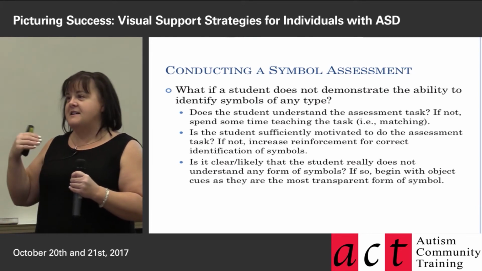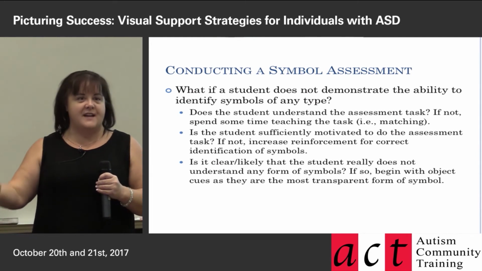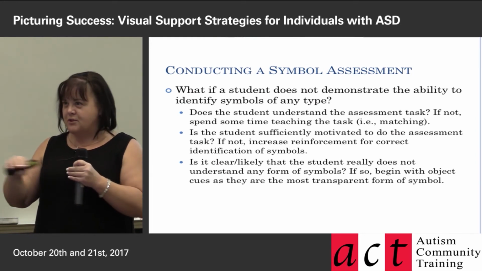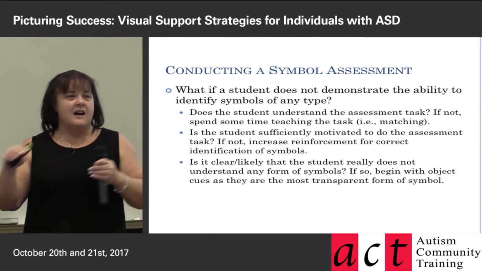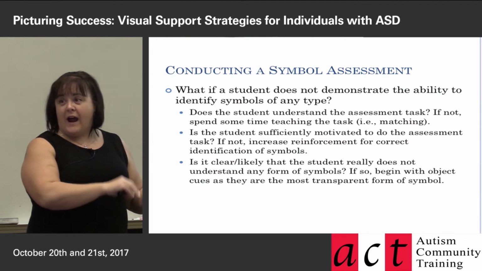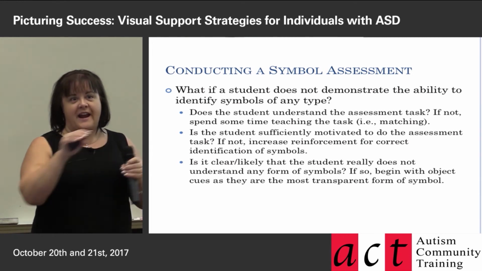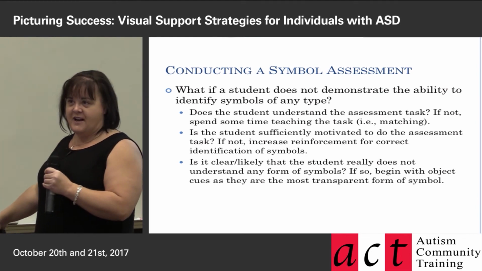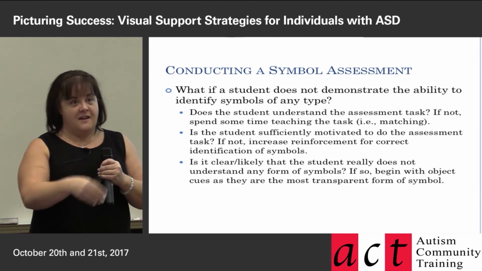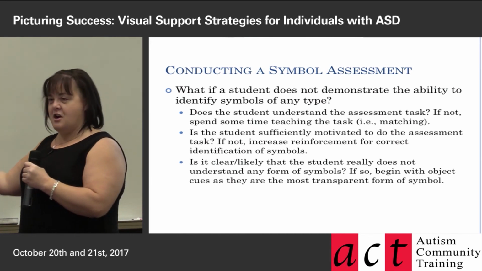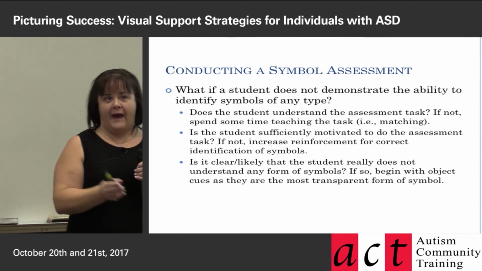If I can't get a kid demonstrating that he understands photos or two-dimensional picture communication symbols, I'm going to use objects, because I'd rather err on the side of he understands than err on the side that he does not. I'd rather err on the side of too easy and then increase the difficulty over time, than make it too difficult and have to go back.